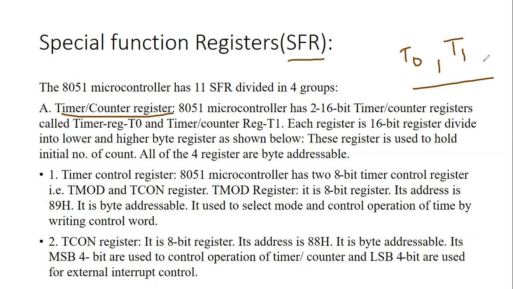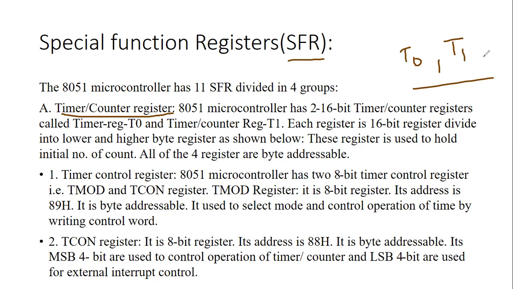But if we have 8-bit data and have to perform an operation on it, then we can split T0 into two 8-bit registers, T0 higher order and T0 lower order. These registers are used to hold the initial count of data. Whatever data is to be counted is stored in them.